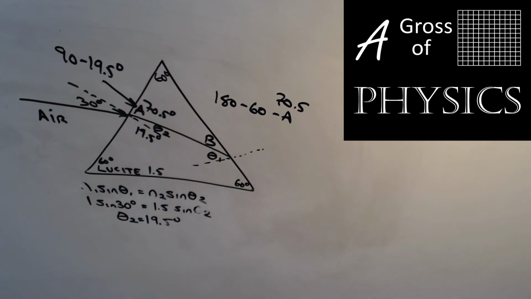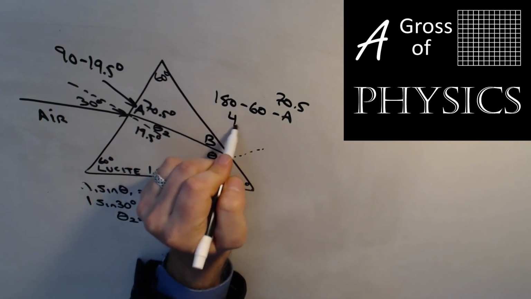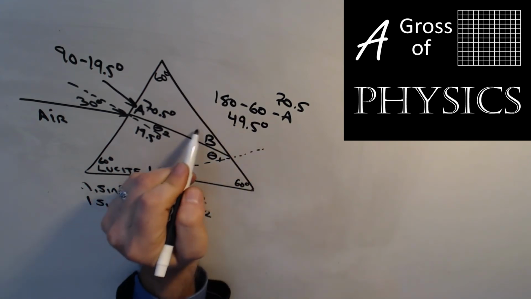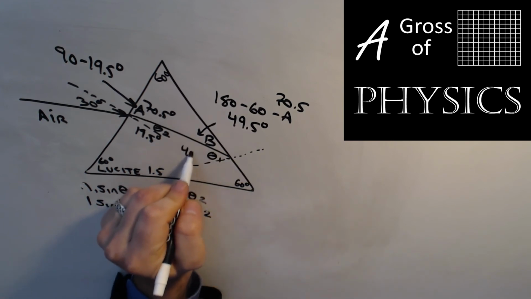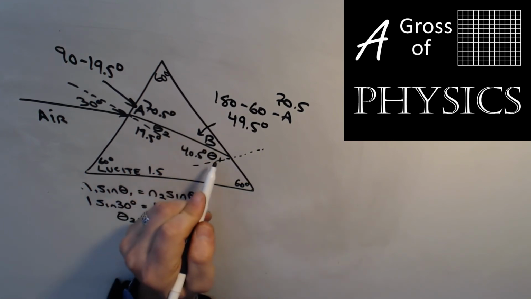And that should get us B. So 180 minus 60 minus 70.5, I hit the wrong button, I guess. 49.5 degrees. Now that's B. But what's theta 1 here for the second boundary? Well, that's the complement as well. So we have to do 90 minus answer, and it's going to be 40.5.